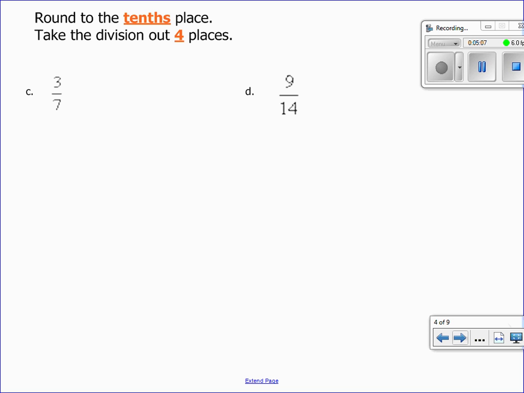So, in this problem, we're going to see what the percent is, 3 out of 7. So we're going to divide, and we're going to take it out 4 places.